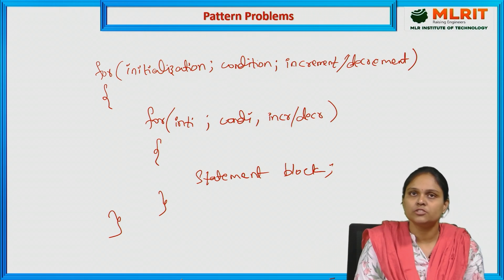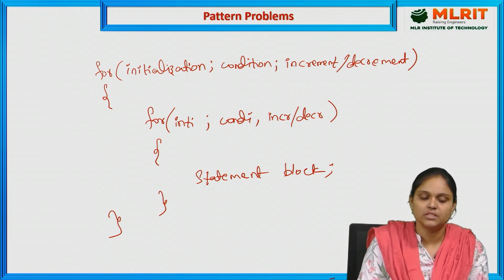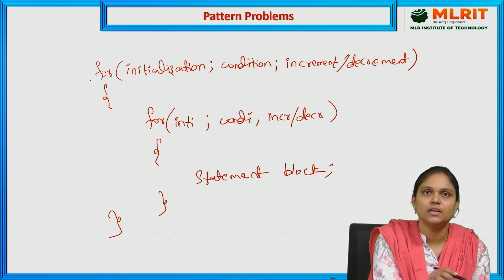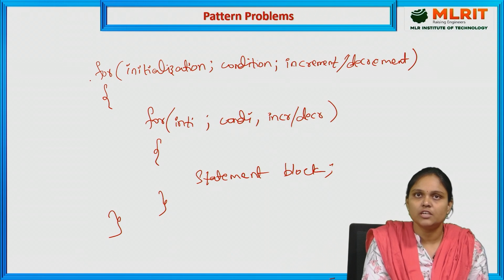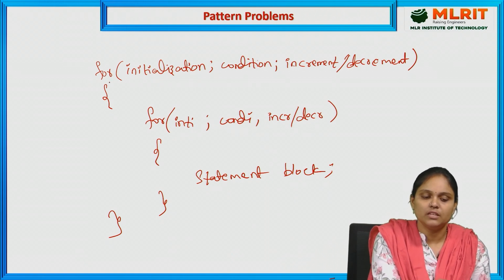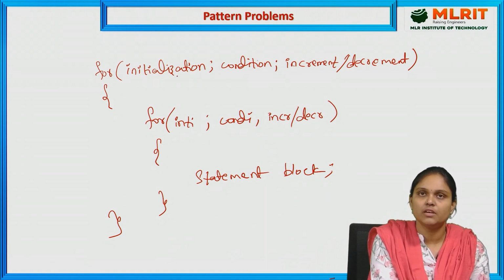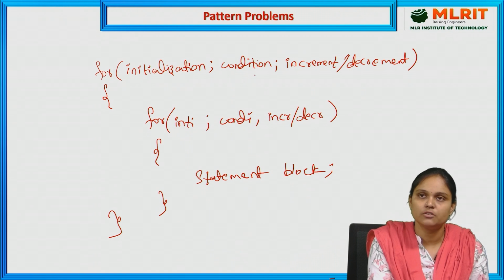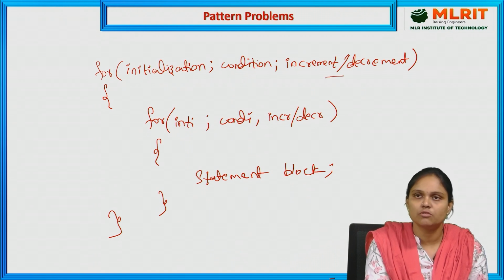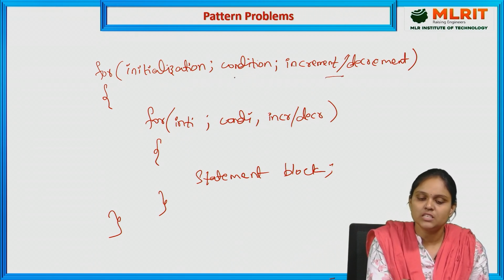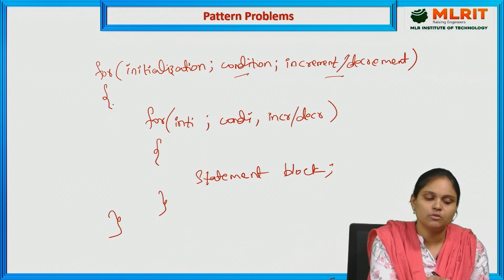Coming to the functionality of this nested for loop, it is nothing but one for we are placing inside another for. First, in the outer for we initialize the value, then we give the condition, and then the modification of the loop variable. If the condition is satisfied here, only then do we enter the inner for loop.